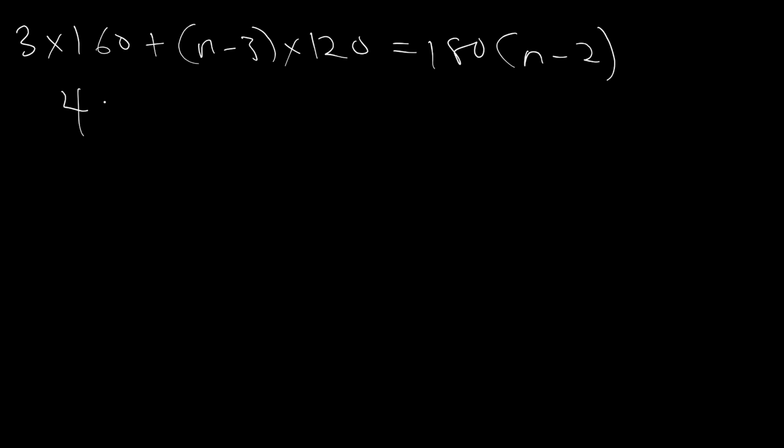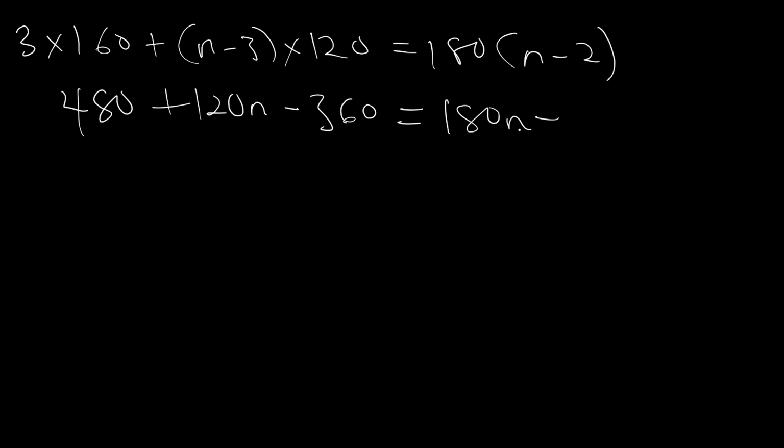So 480 plus 120 times n, we have 120n, minus 120 times 3, we have 360. Should be equal to 180 times n, which is 180n, minus 180 times 2, which is 360.